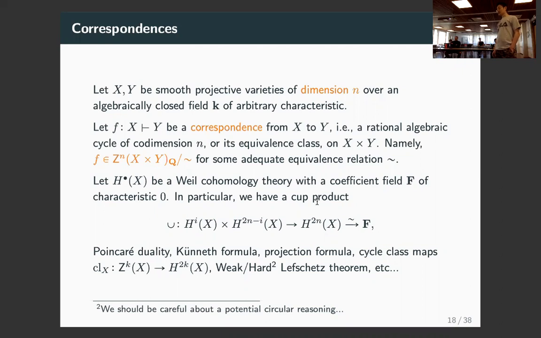Sometimes when we talk about the standard conjecture of Lefschetz type B, we also need to assume the hard Lefschetz theorem. But now we know that the hard Lefschetz theorem holds for l-adic cohomology groups, but this is a corollary in Deligne's proof of the Weil Riemann hypothesis. So in ours here, we should be a little bit careful about there might be some potential circular reasoning.